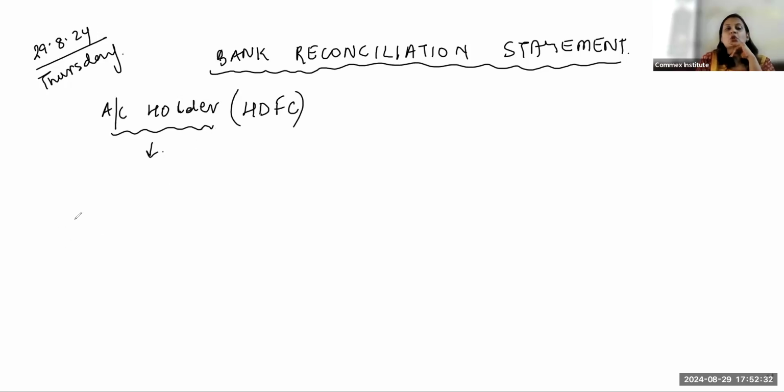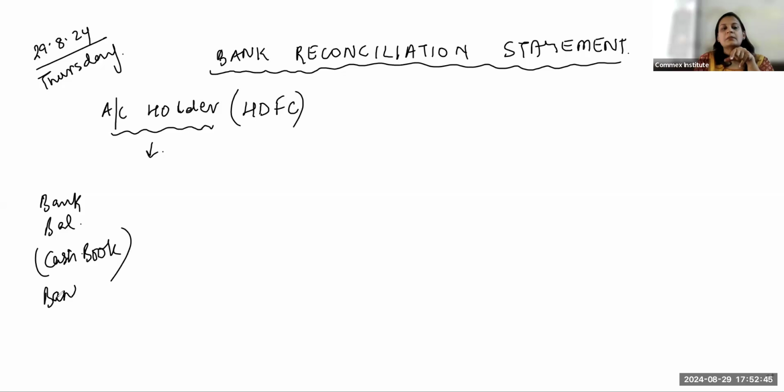So according to me, my bank balance is, now how do I get this bank balance? I get it from the cash book bank column. So my cash book bank column gives me the balance carried down as say 1 lakh rupees.